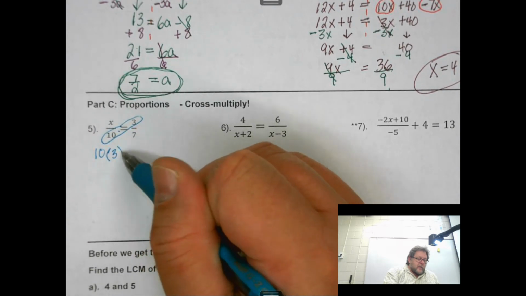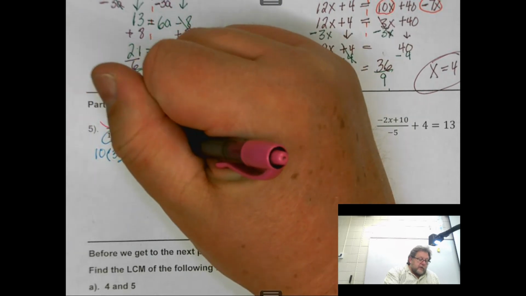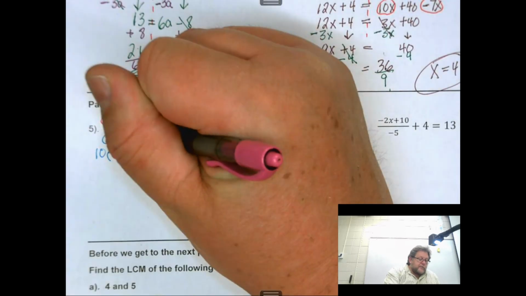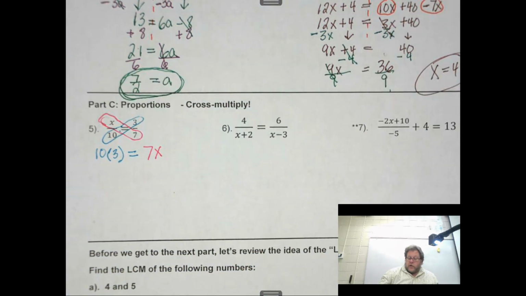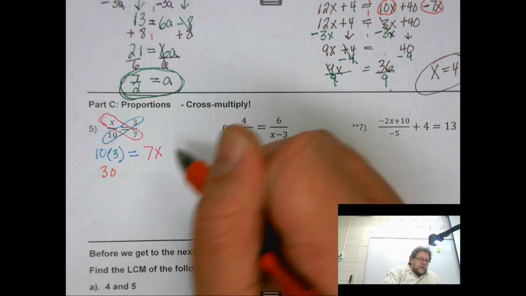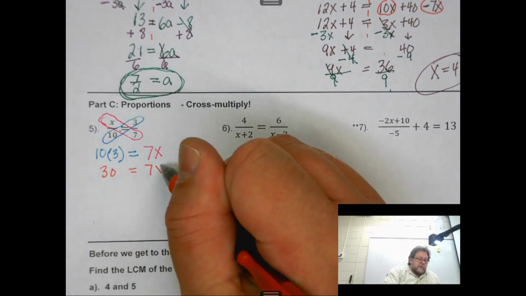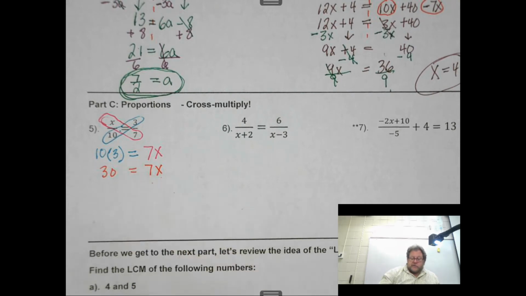Go ahead and solve. 10 times 3 is 30 equals 7x. Get the x by itself, so undo the multiplication of 7 times x. Divide by the coefficient 7. And I end up with the answer 37 equals x.